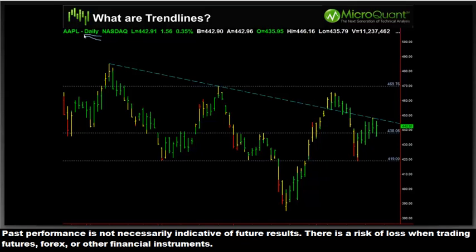So if this was a 5-minute chart, that's still a valid trend line, but it doesn't hold as much weight as a daily. When we use it in the options live trading room, we look at weekly and daily trend lines, and that's what we usually trade off of. 60-minute trend lines are there mainly for some intraday trading, but what I'll usually do is take a daily trend line and transpose it into a 60-minute chart.